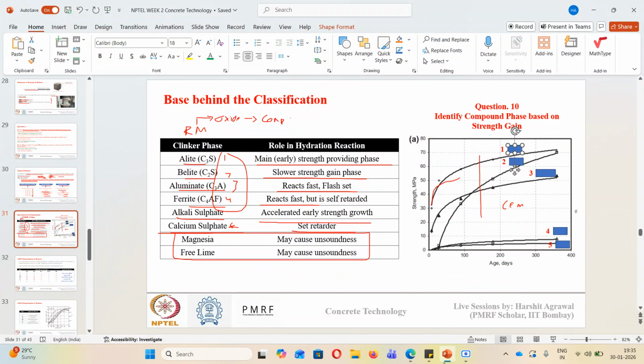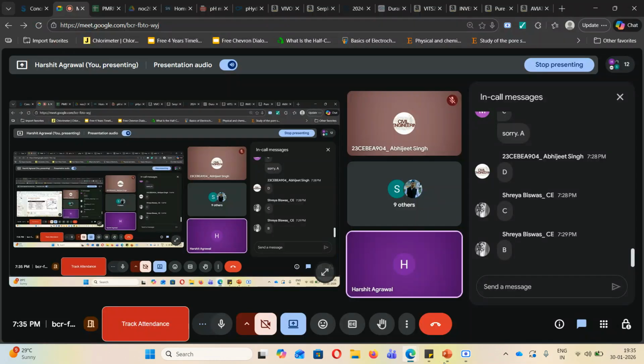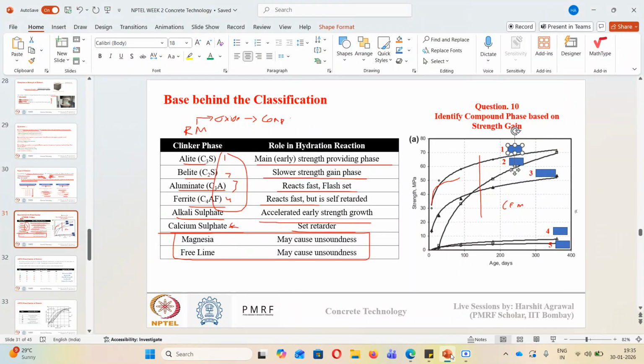Which one is gaining maximum strength initially and slow strength later? This is C3S. We know C3S gains strength quickly. Then curve 2, we can see it has slow strength gain initially and faster strength gain later on.